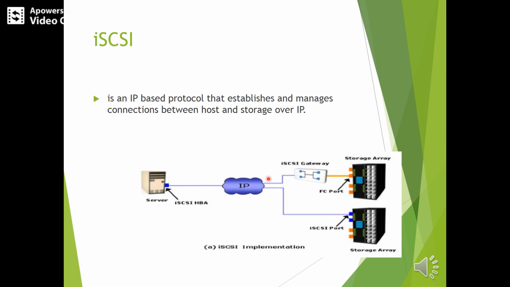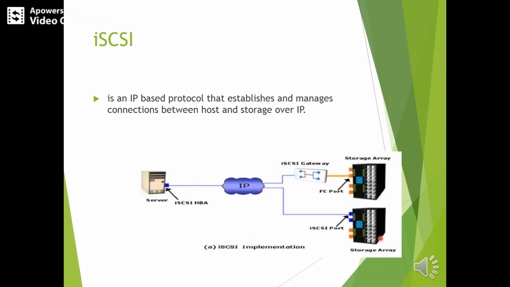We are using one protocol, our IP protocol, which establishes the connection between the host, that is the server, and the storage. So in the case of iSCSI, we make use of the IP protocol for communication between the server and the storage.